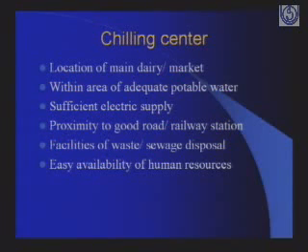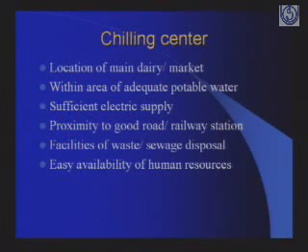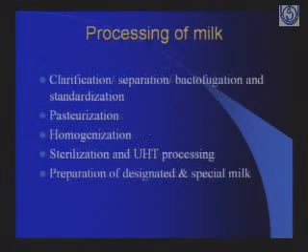Then facilities for waste and sewage disposal should be there, and easy availability of human resources should be there. So by considering all these things, you should establish the chilling center.